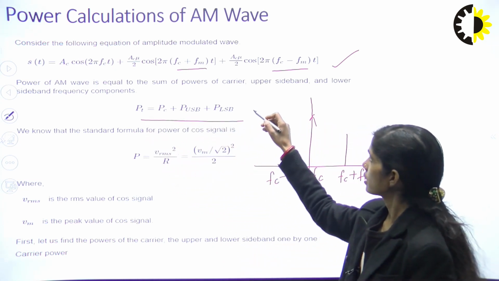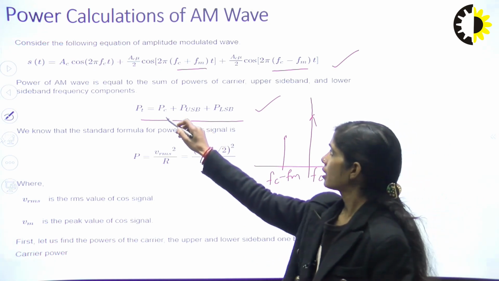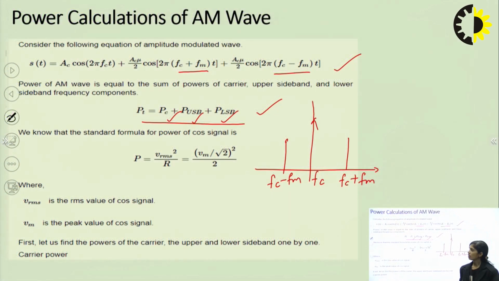The total power is given by the sum of carrier power, upper sideband power and lower sideband power, and this formula can be calculated by substituting their respective values. Carrier power is given by Vrms square divided by R. Vrms is the RMS voltage value of the carrier and R is the load resistance of the antenna.